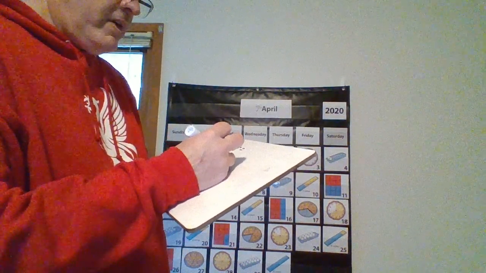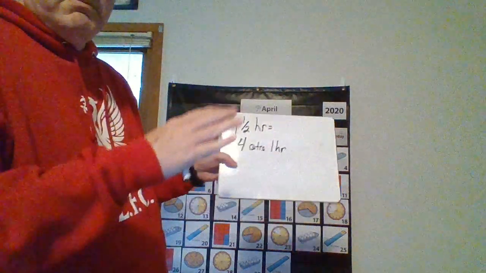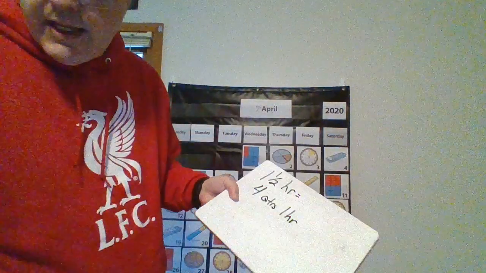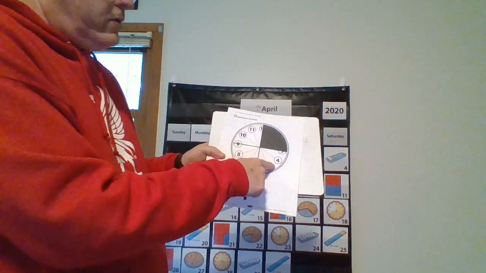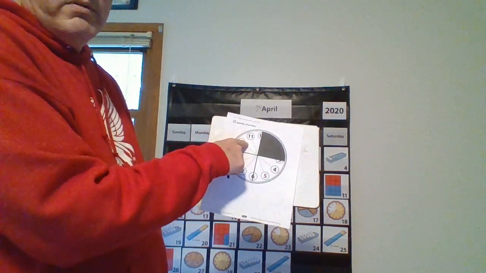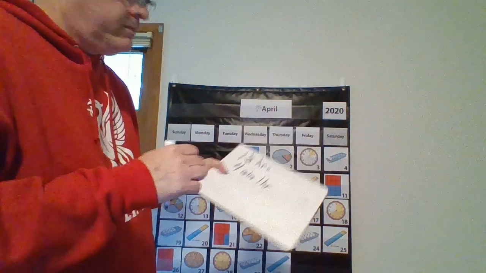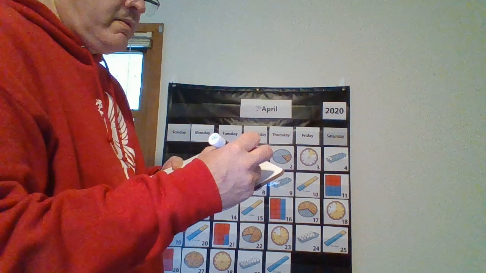in an hour, right? So 4 quarters. We looked at that just a minute ago. 1 quarter, 2 quarters, 3 quarters, 4 quarters. Okay, so 4 quarters in an hour. So how many is in a half an hour? Right. 6 quarters in an hour and a half.